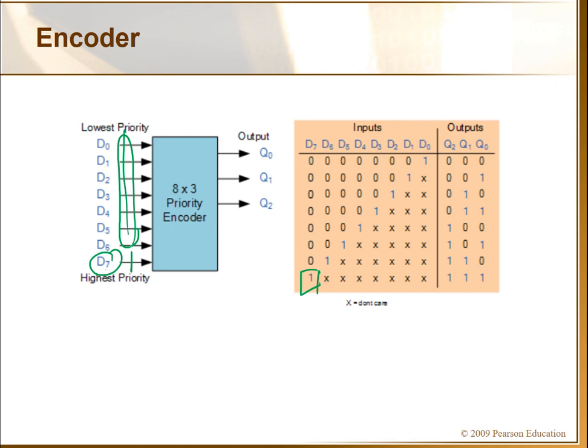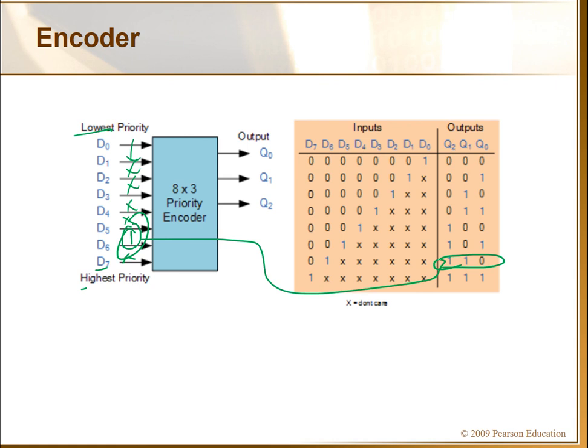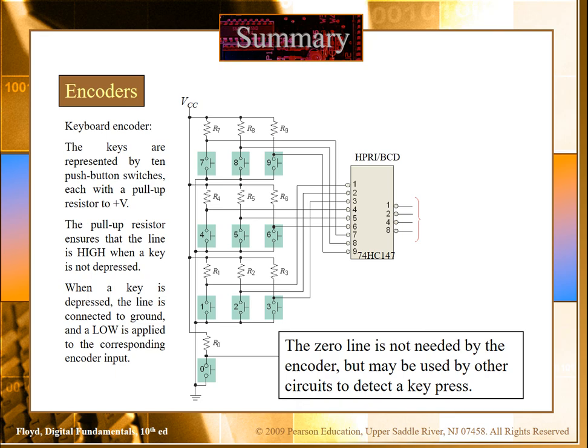Whatever input is high, if this is high, my output will be 1, 1, 1, and I don't care about any other inputs. Now this is the highest priority input and this is the lowest priority. If this is 1, my output would be 1, 1, 0, and I don't care whatever I'm getting here. If this is 1, my output will be that respective value. So this is the encoder, with highest priority and lowest priority.